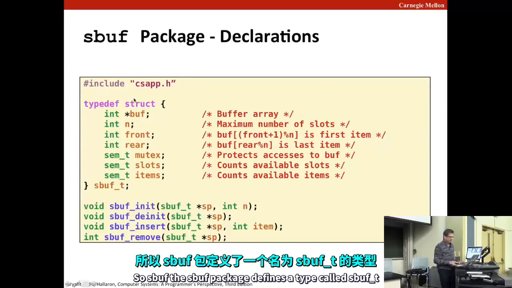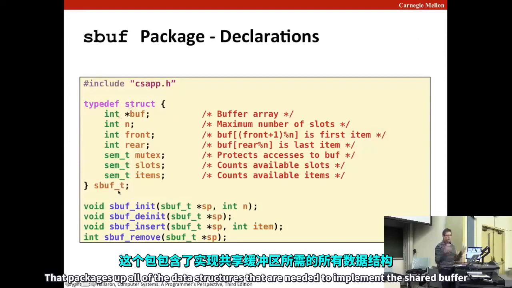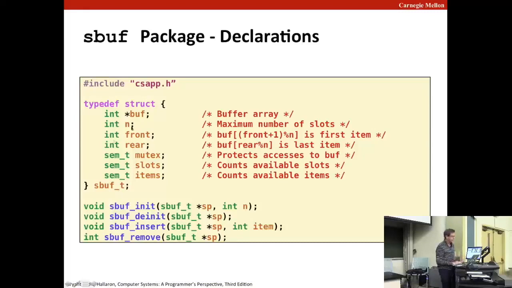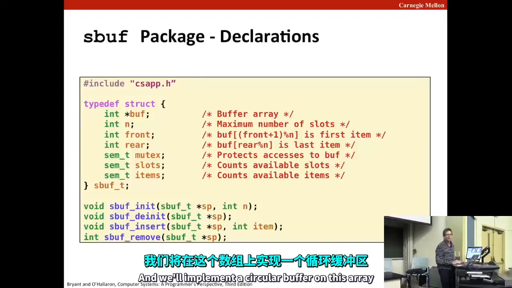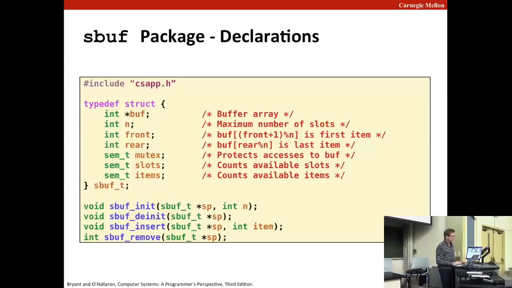The sbuff package defines a type called sbuff_t that packages up all of the data structures that are needed to implement the shared buffer. So there's a pointer to the buffer, which we're going to implement as an array, and we'll implement a circular buffer on this array.